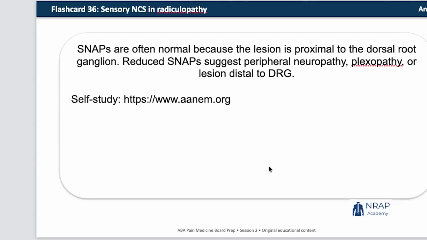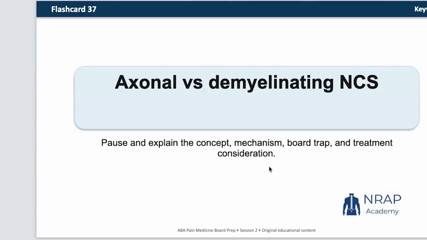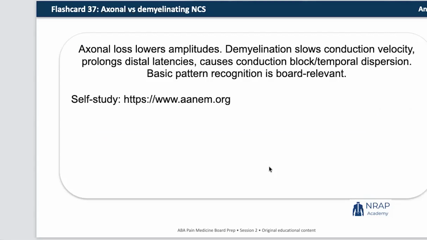Reduced SNAPs: they're normal if the lesion is proximal to the dorsal root ganglion, but if the amplitudes are reduced, it's going to be peripheral neuropathy, plexopathy, or lesion distal to the DRG. Axonal, lower amplitude.